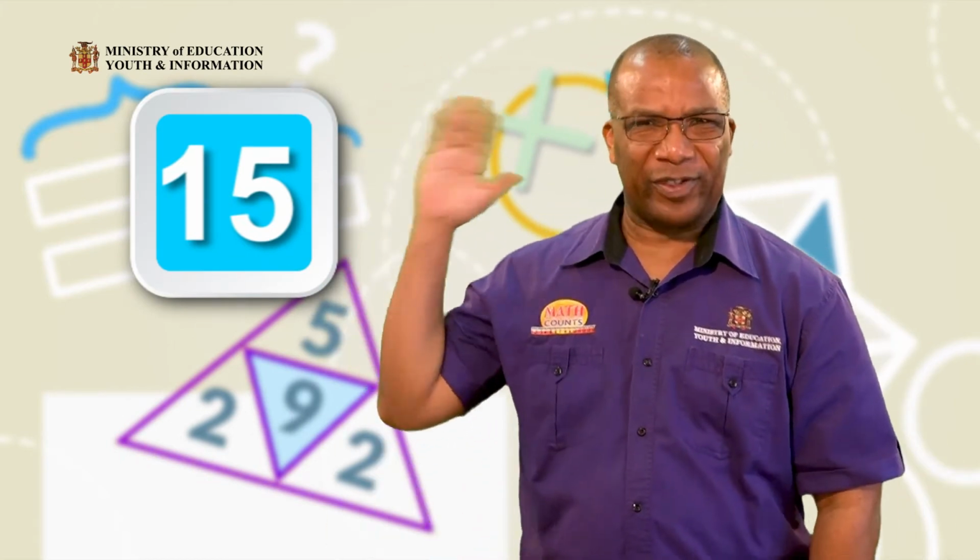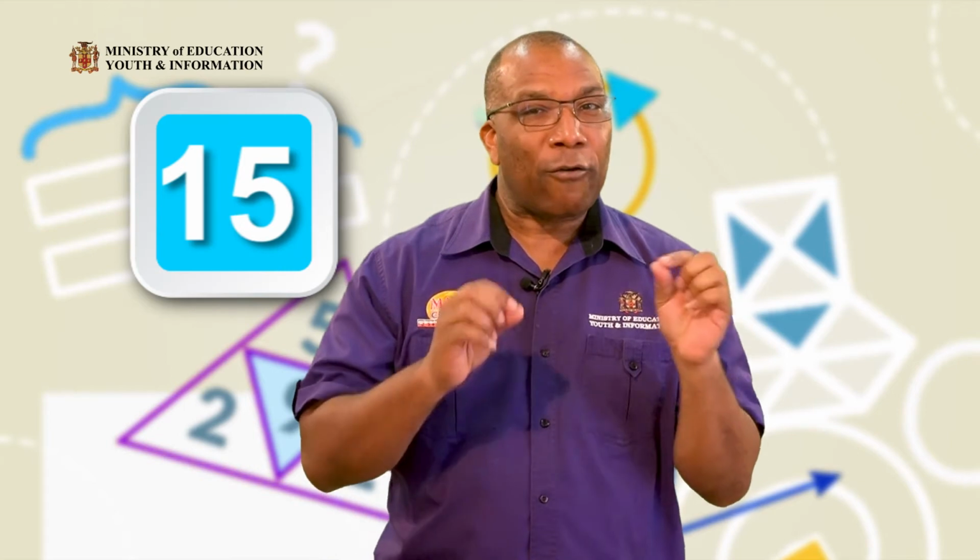Let us look at another number. This time, let us try 15. Again, we will use counters to represent the number 15. Our task is now to determine the number of even groups we can make from 15 counters.